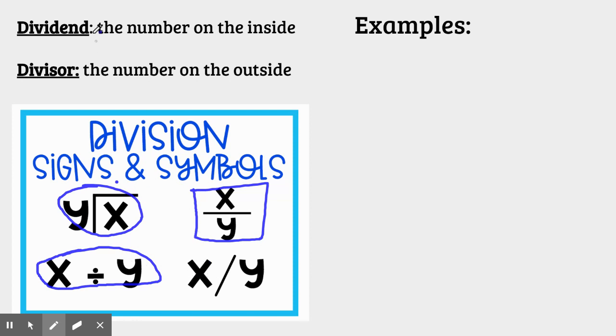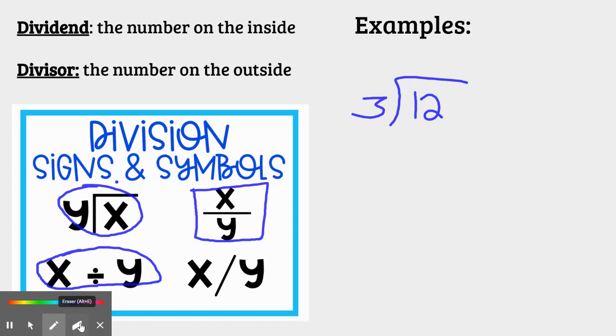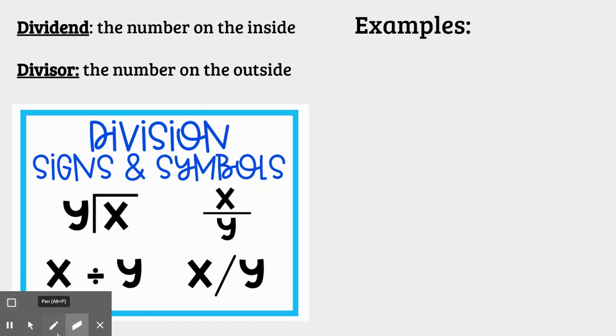We also have the vocabulary words of dividend, where the number is on the inside, and divisor, which is the number on the outside. So if I had the problem of 12 divided by 3, the 12 would be the dividend and the 3 would be the divisor. Now, let's talk about what happens when I have a fraction.